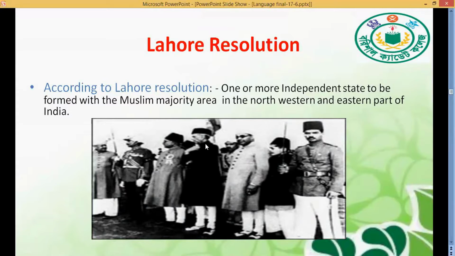But very strangely, on 9th April 1946, at the Muslim League Legislative Council in Delhi, it was decided that there would be one state in place of one or more states. So it can be said that Pakistan was not born on the basis of the Lahore Resolution of 1940.